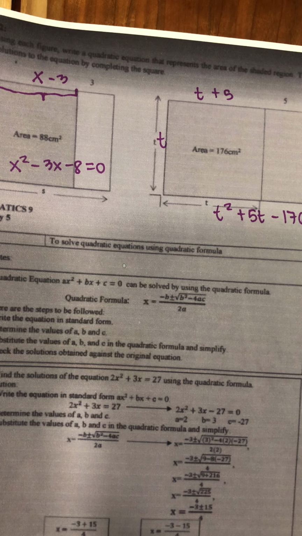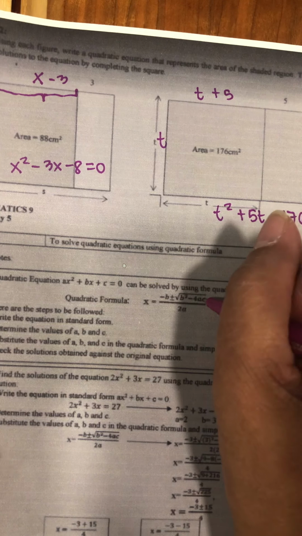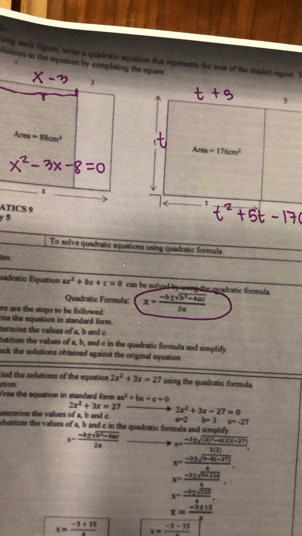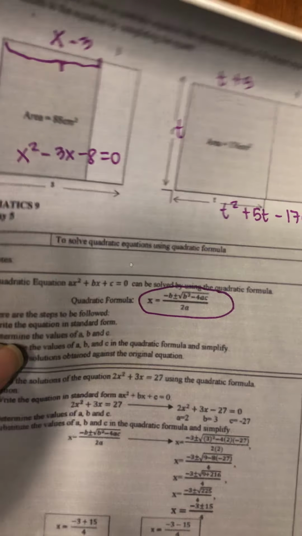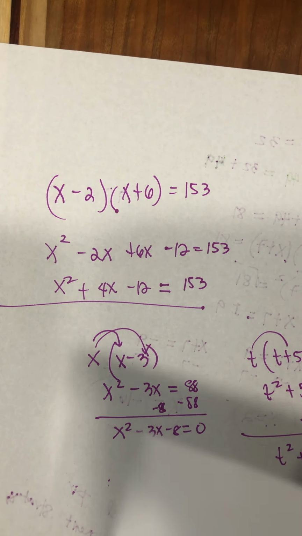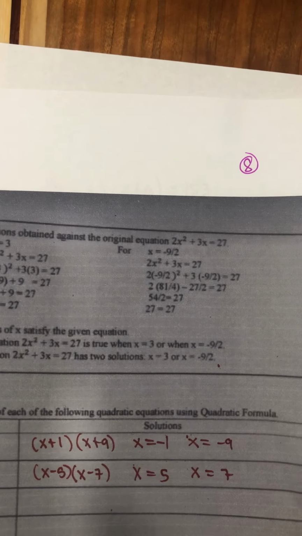So you need to memorize your quadratic equation. This is your quadratic equation, and this is very easy. I'm going to shorten this for you. All right, so we are going to solve. Remember the problem that we skipped earlier because we could not solve it yet, because it is actually on your page 8.